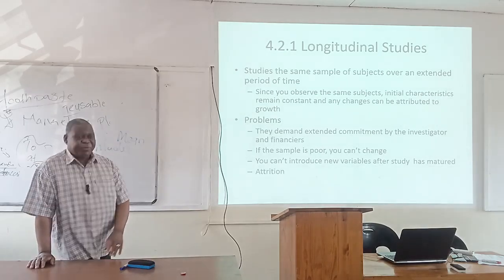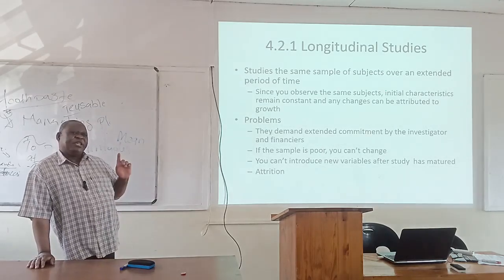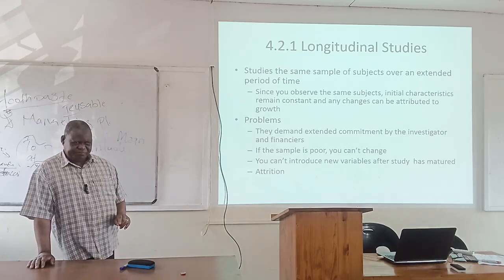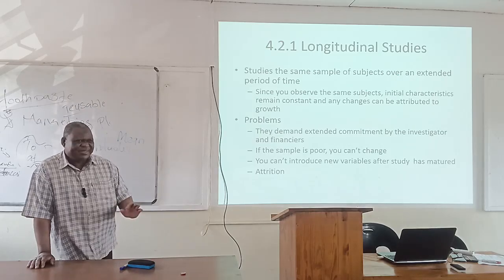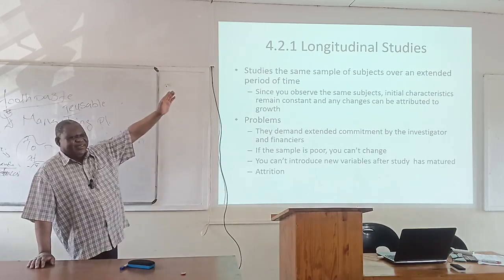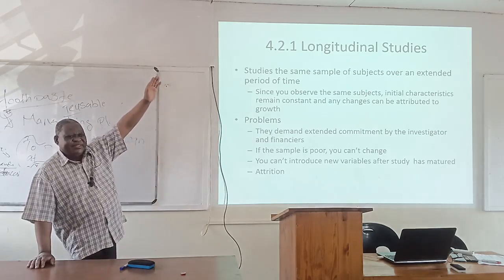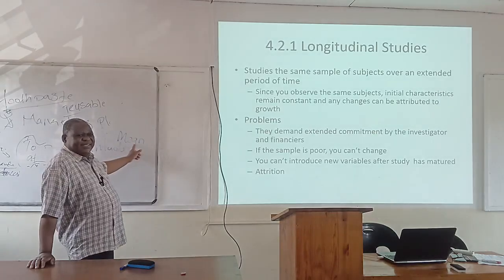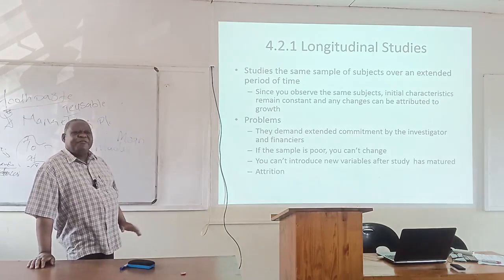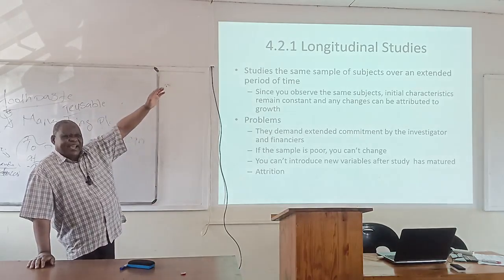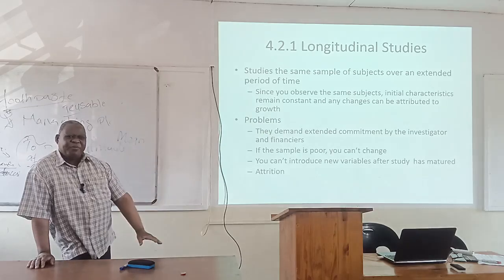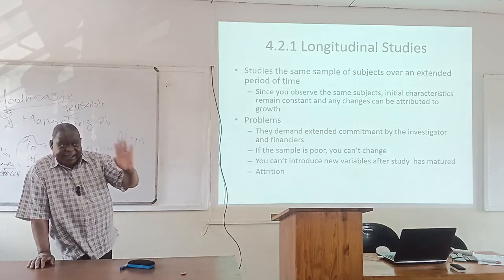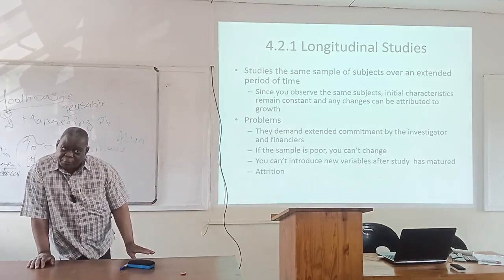For example, if the pupils who are dropping out are the poor performers, the best performers still remain up to grade 8. Now, when you start computing things like this, you will end up having very high performance at the higher level, low performance at the lower level, because you had very high achievers as well as very poor achievers.